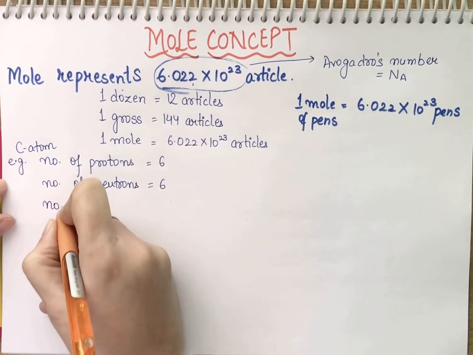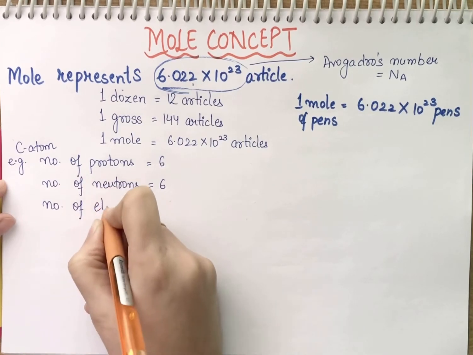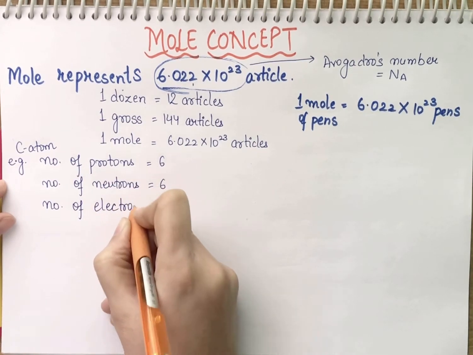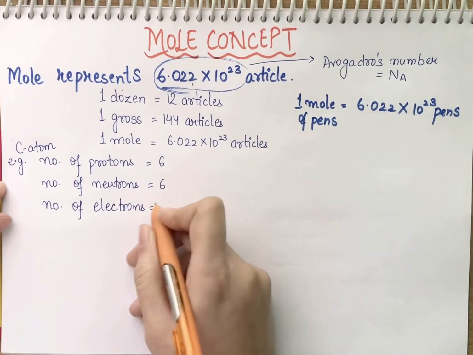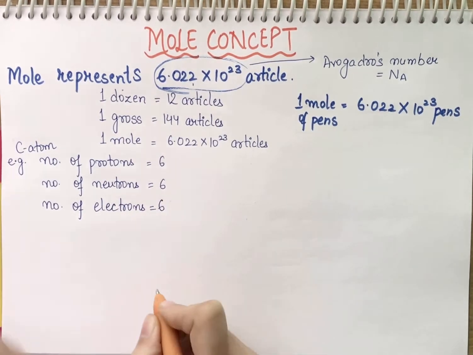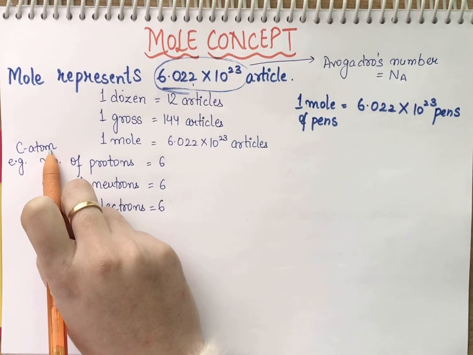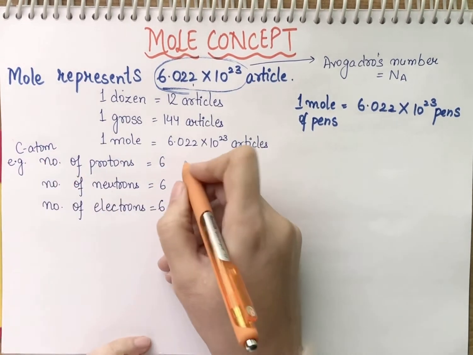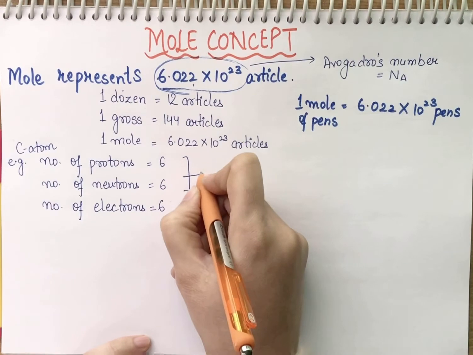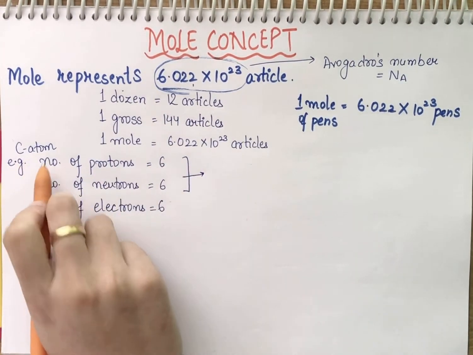And number of electrons equal to 6, right? Now to find the mass of a carbon atom, what I have to do, I have to add these masses.